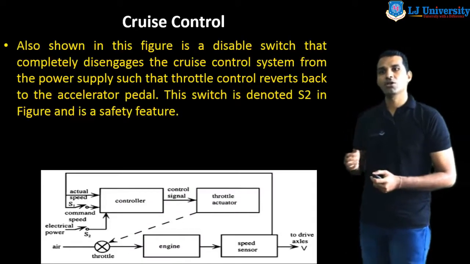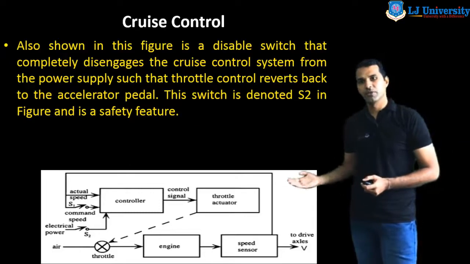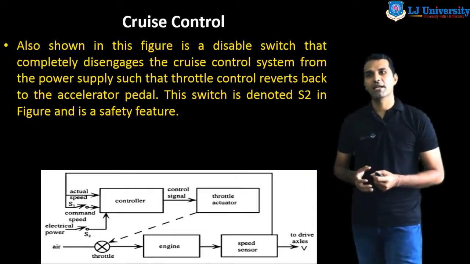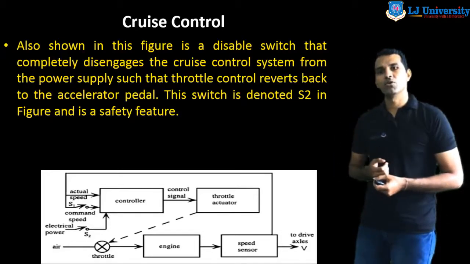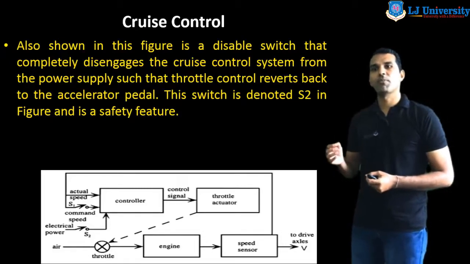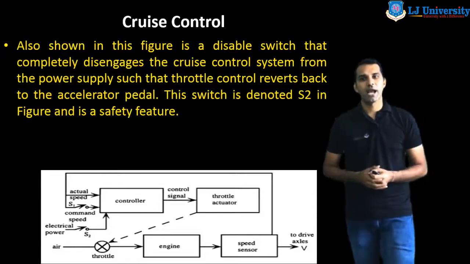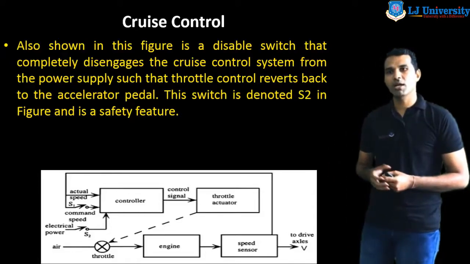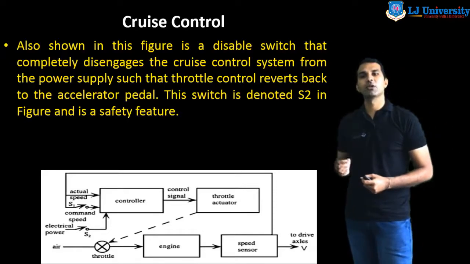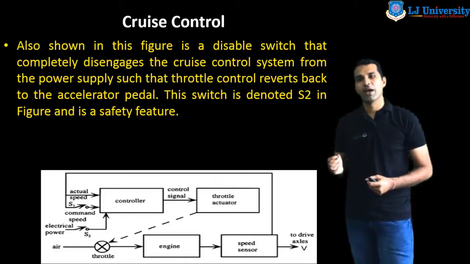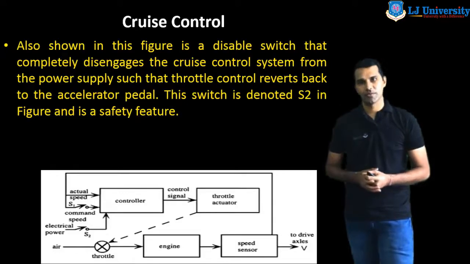Also in this figure is a disable switch that completely disengages the cruise control system from the power supply, such that throttle control reverts back to the accelerator pedal. This switch is denoted as shown in the figure and is a safety feature.